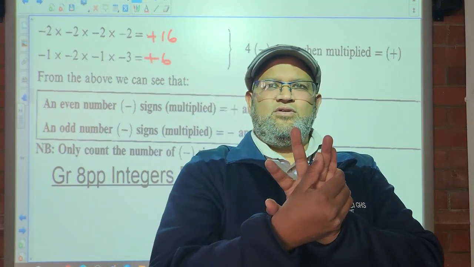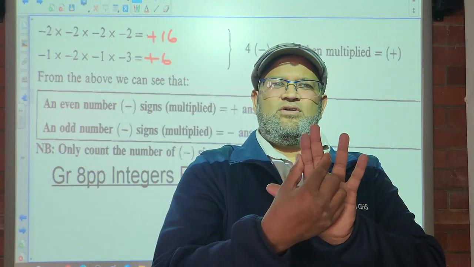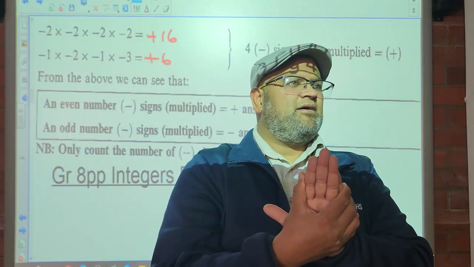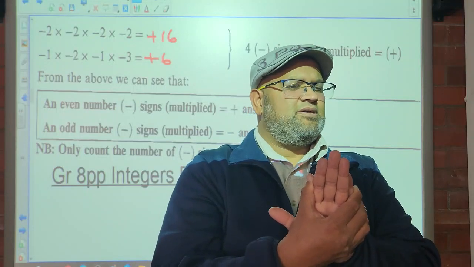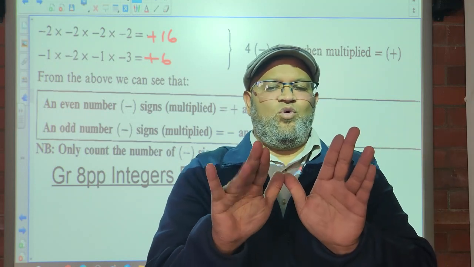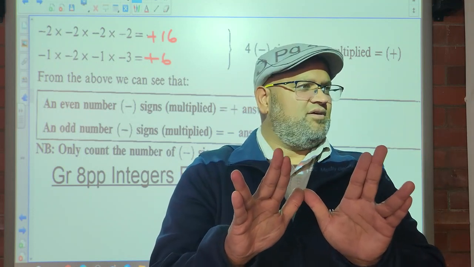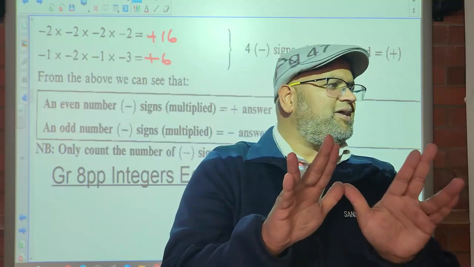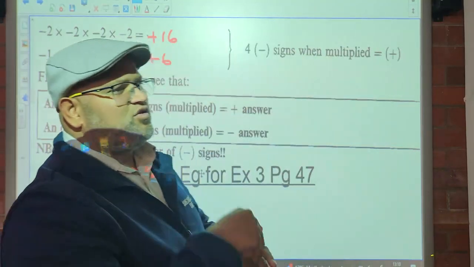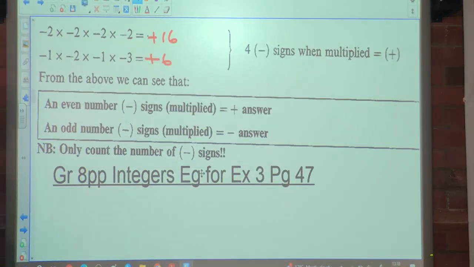Positive. And negative times negative? Positive. So that positive times that positive will always be positive. Can you see that, people? So if it's got 2, 4, 6, 8, or 10, it will always be positive. You guys understand? And if it's an odd amount of negatives, it will always be negative.